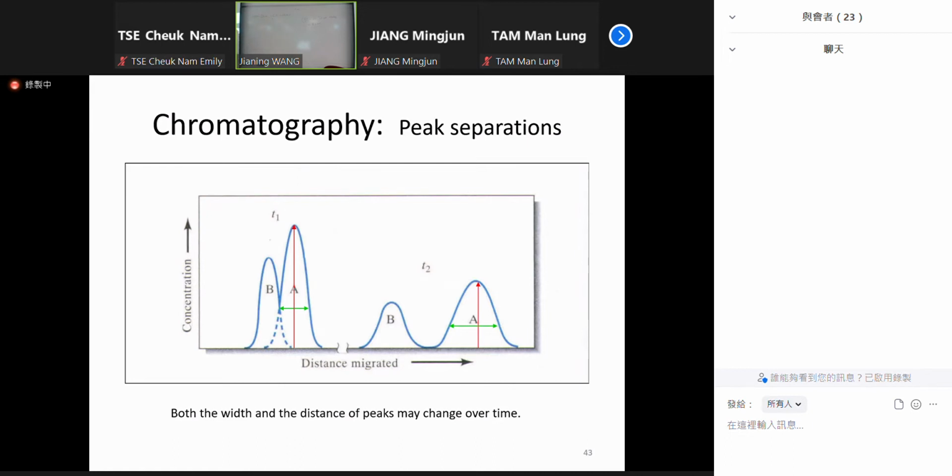At time 2, the two solutes get complete separation.